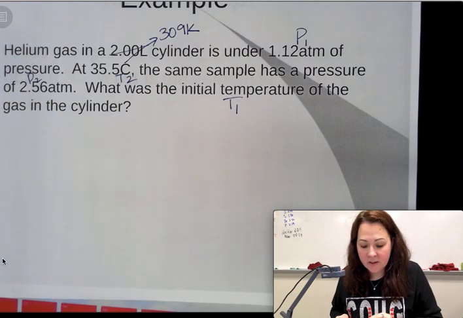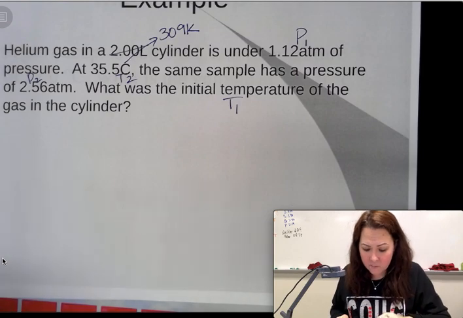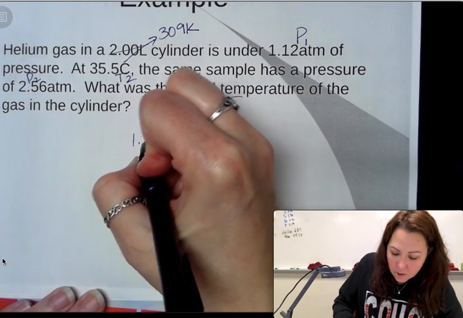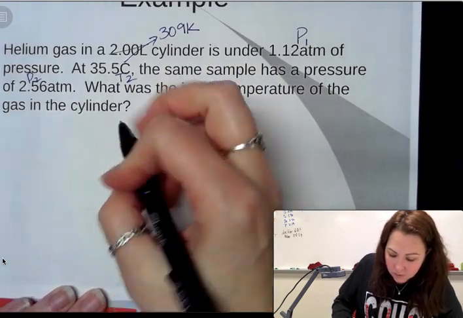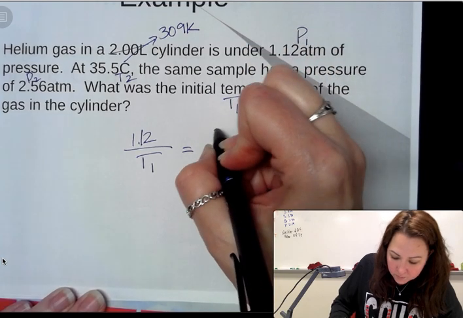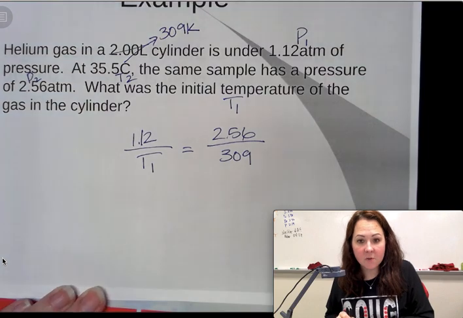So now that everything has the correct unit, and I know all of my variables, I'm going to plug it in. P1 over T1, I don't know that one, is equal to P2 over T2, and now I'm going to solve for T1.